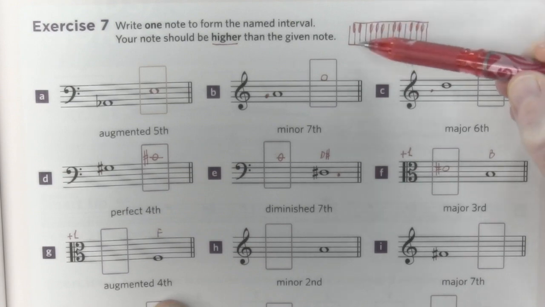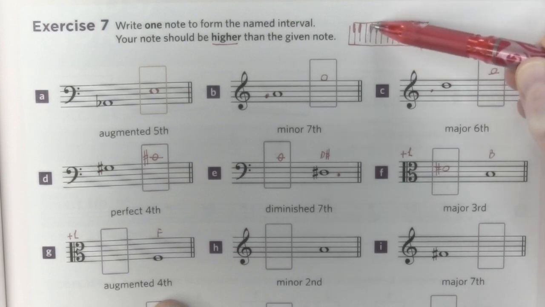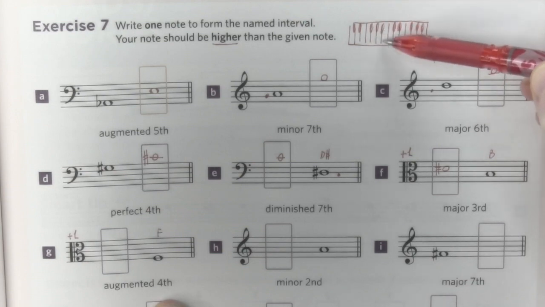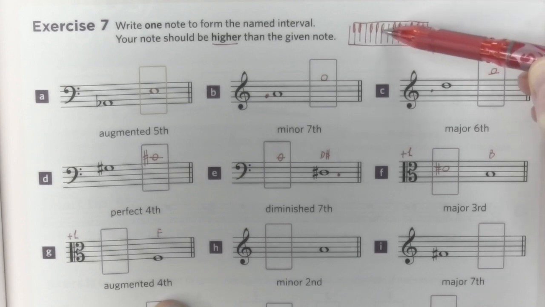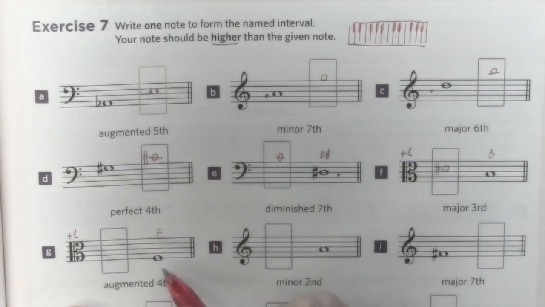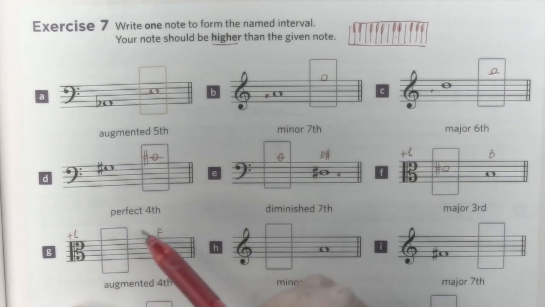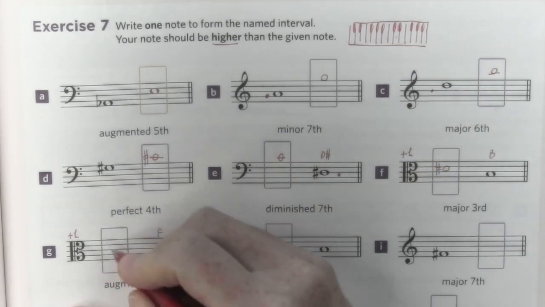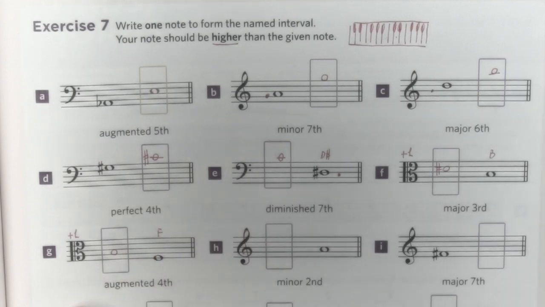Let's see. Fa, Sol, La, Si. This note is a B instead of B flat. Fa B flat would be a perfect fourth. B natural is an augmented fourth. Now to write a B we need to do minus 1. Treble clef minus 1. We need to write an A. And here it is.